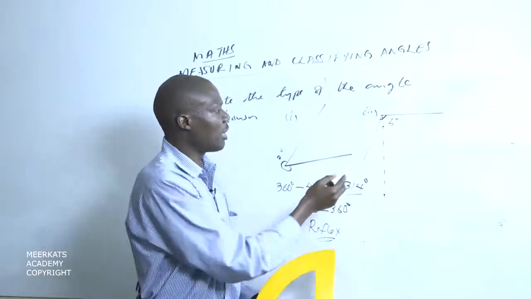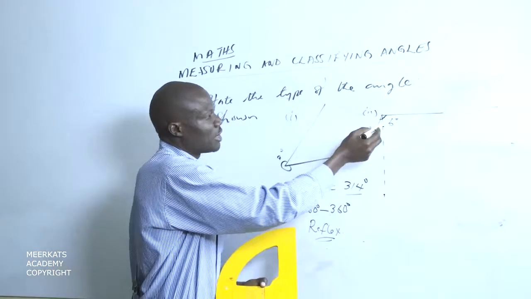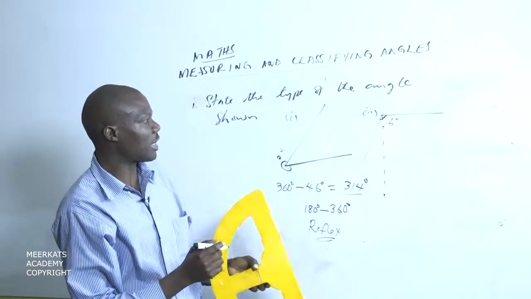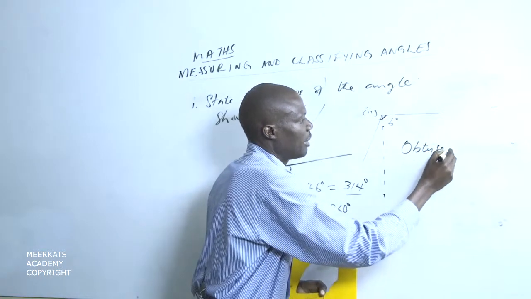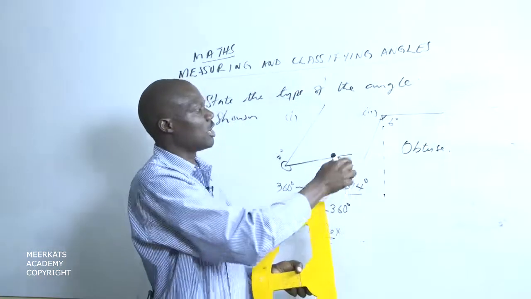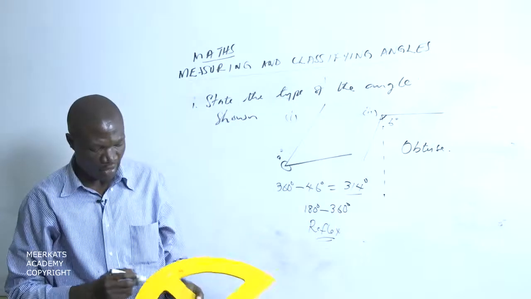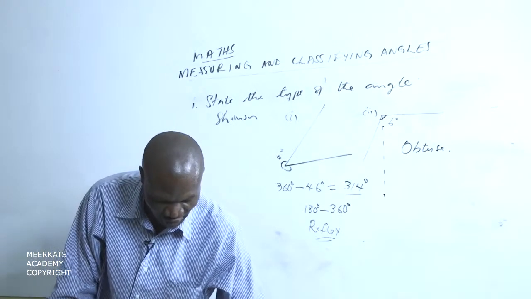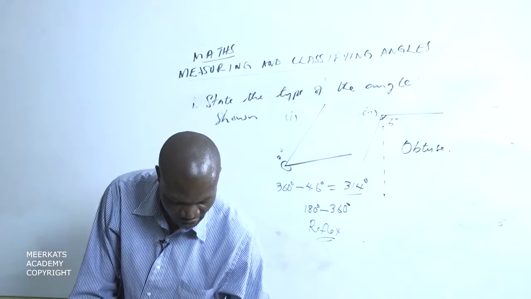So you realize that the angle here is greater than 90, which implies that if it is greater than 90 and it's less than 180, then what type of an angle is that? Then the angle here is an obtuse angle, and the reason being given is because it's an angle that is greater than 90 but less than 180. That is how we identify the angles at any given time.